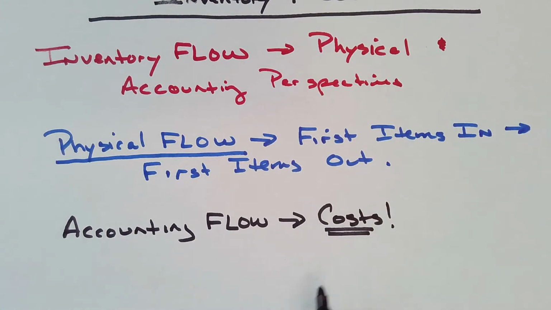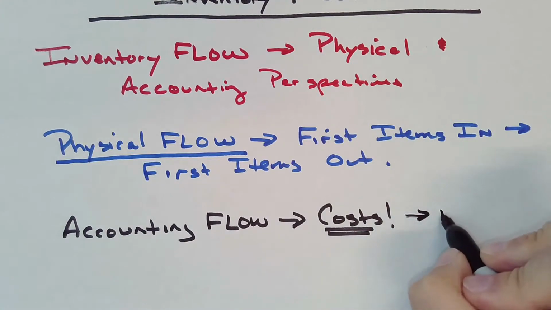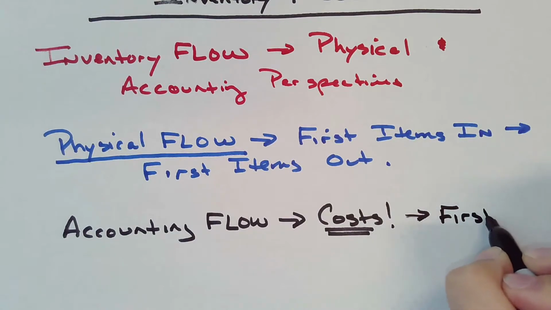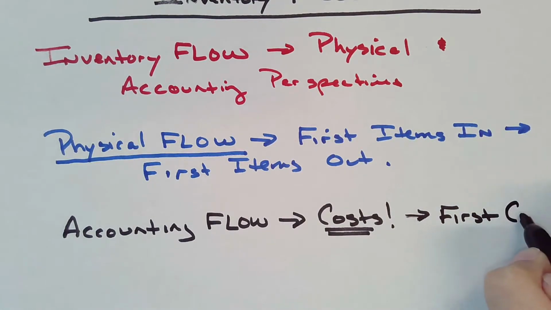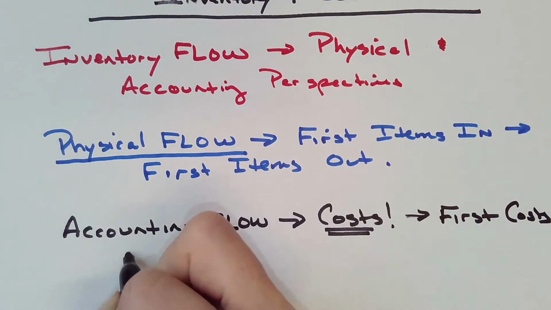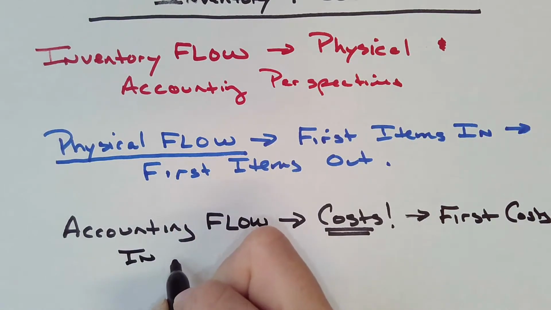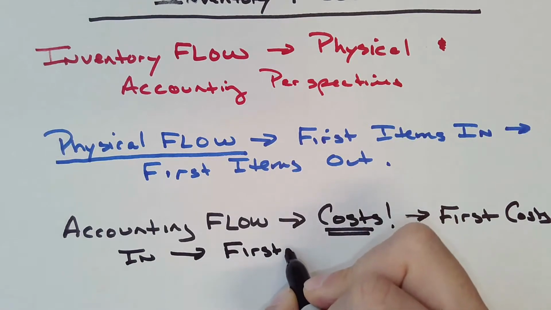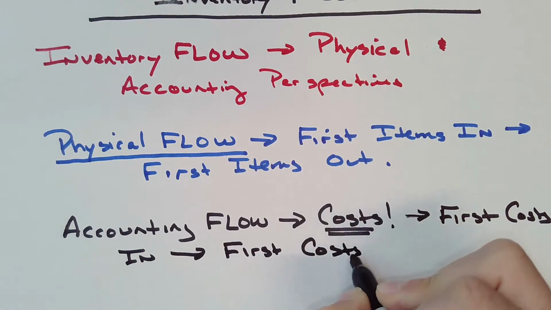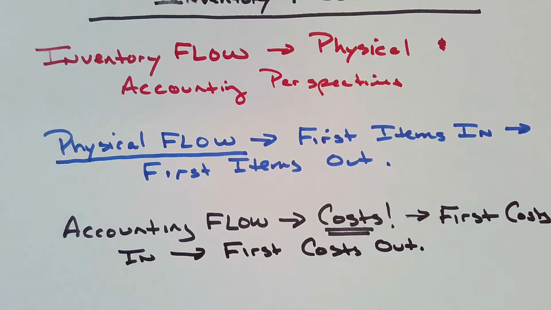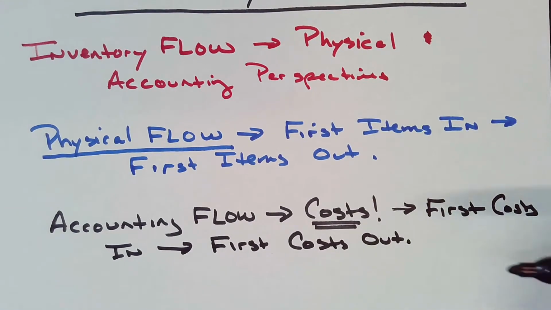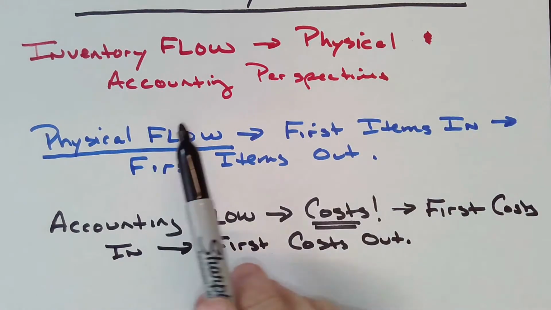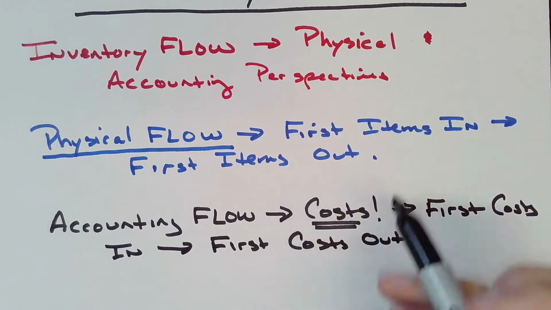So here we're saying the first costs. One of the flows can be the first costs in are going to be the first costs out. That is one flow, and that mirrors our physical flow.